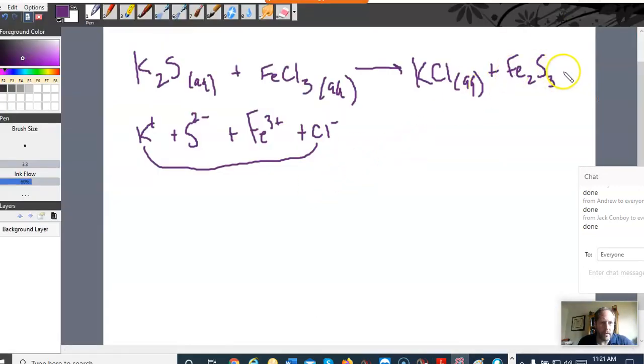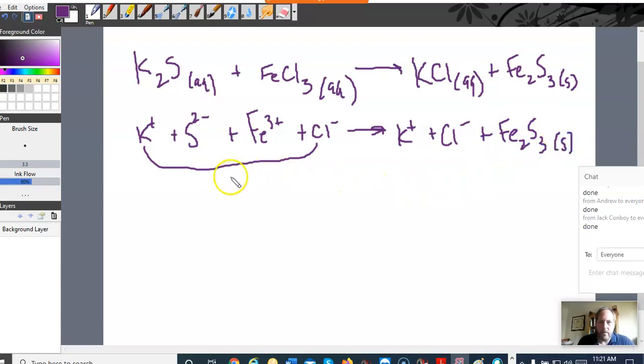So that would be the solid. Potassium and the chlorine are ionic, and the iron sulfide is the solid.